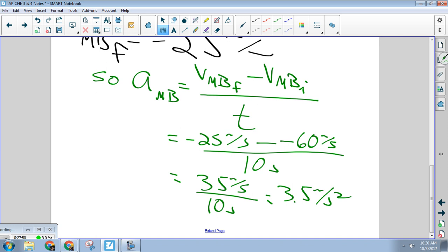All right? So, here's the deal. It turns out, as long as your frame of reference is not accelerating, then it's called an inertial frame of reference, and so that means that Newton's laws apply. So, regardless of whether you're watching the motorcycle from the ground or the bus, since neither the ground nor the bus is accelerating, you have to get the same acceleration, and as a result, the same forces.